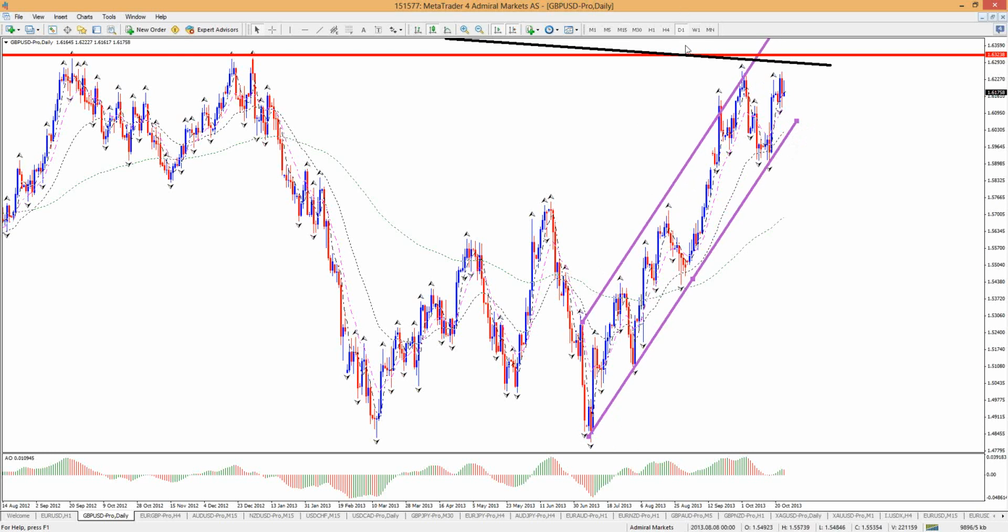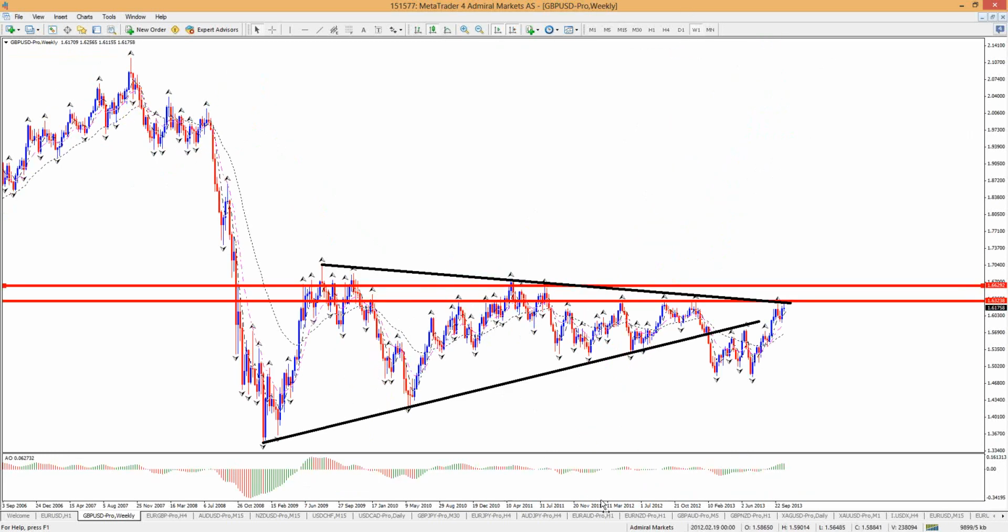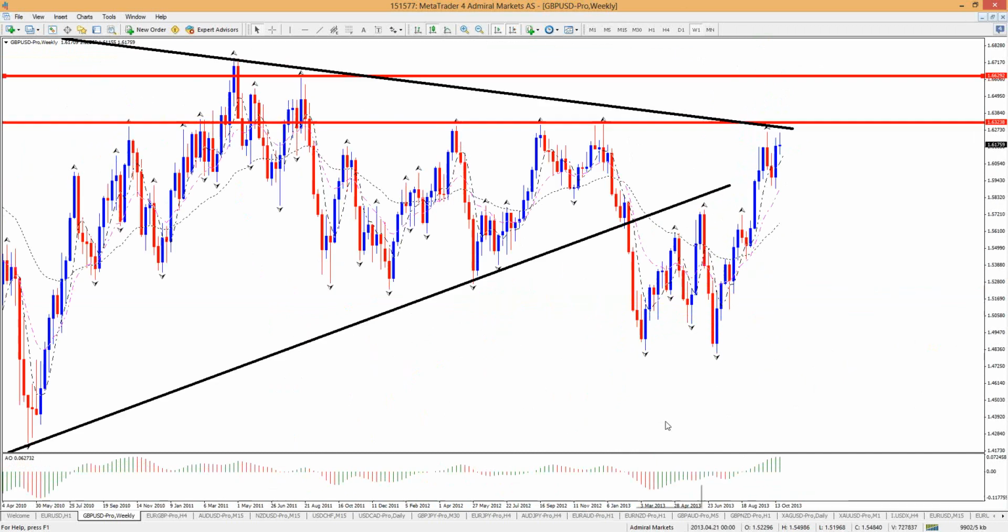It's difficult to show on a weekly chart. Maybe I'll zoom in a bit. Like that, I guess. This is probably the best, yes.